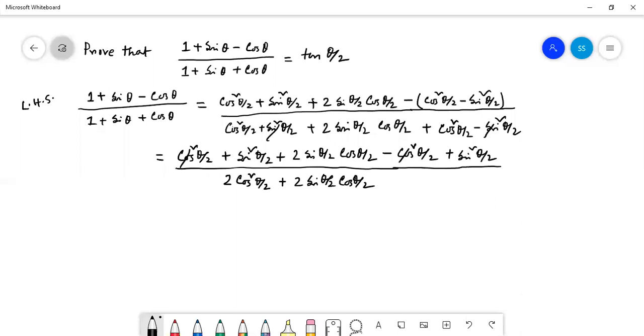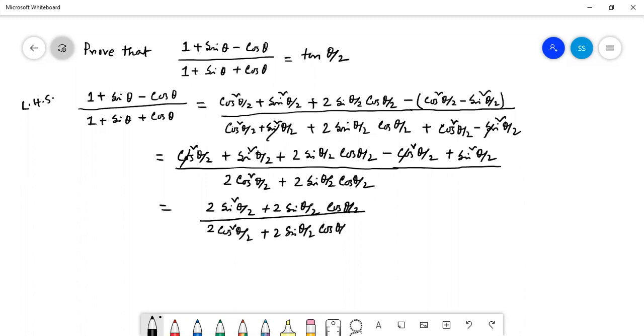So the upper half will be sin square theta by 2 plus sin square theta by 2, that is 2 sin square theta by 2, plus 2 sin theta by 2 cos theta by 2, by 2 cos square theta by 2 plus 2 sin theta by 2 cos theta by 2.